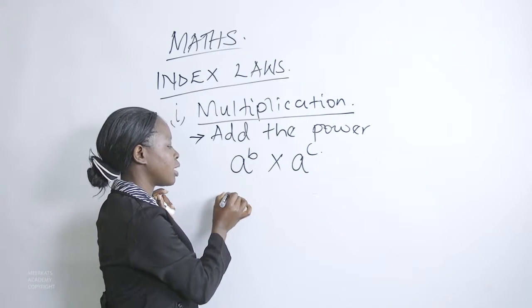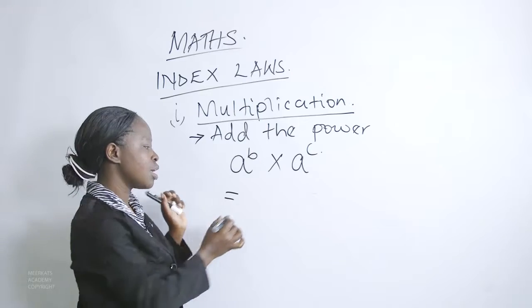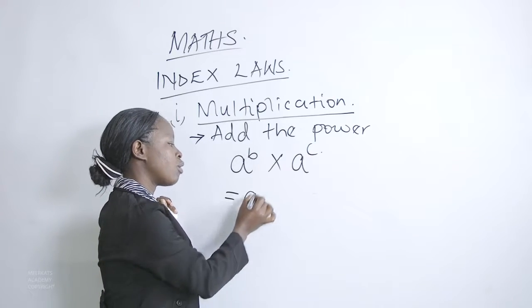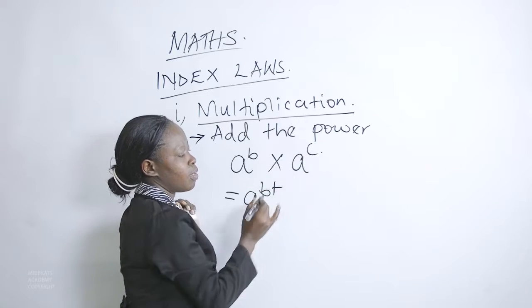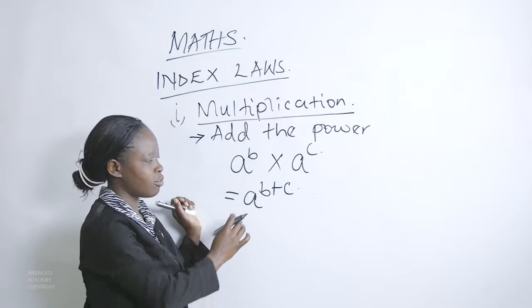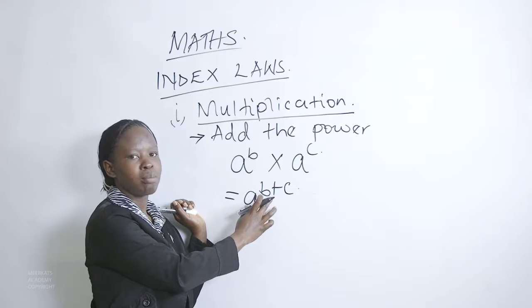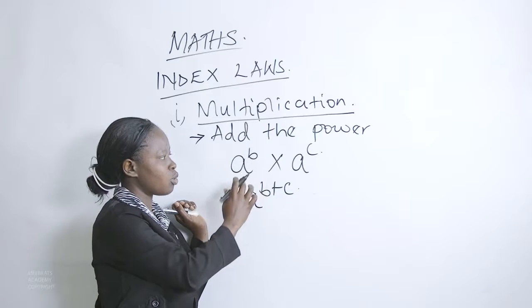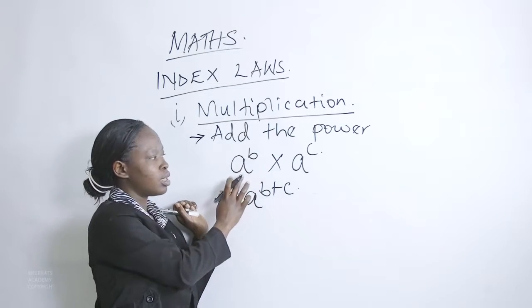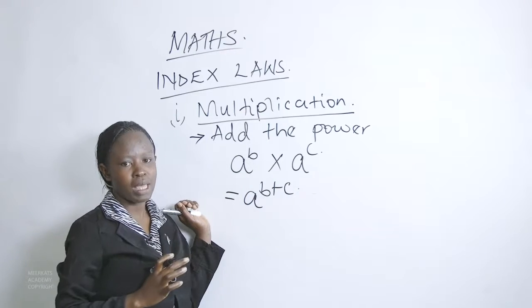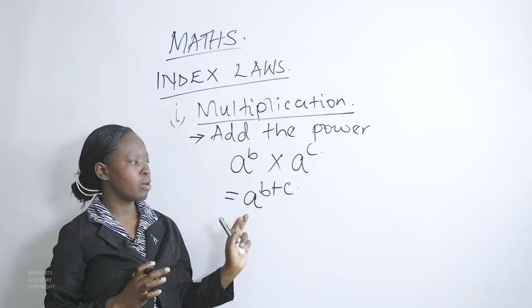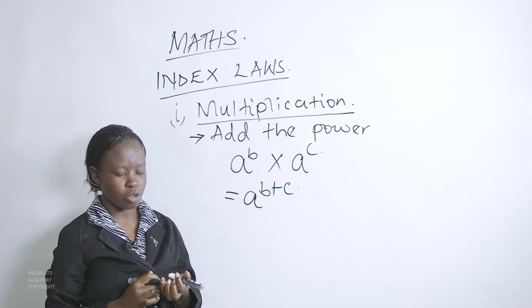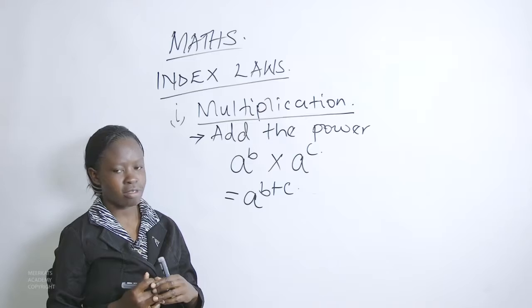So this is the same as a to the power of b plus c. When numbers in index form are being multiplied, we simply add the powers so that we get the solution to the sum.